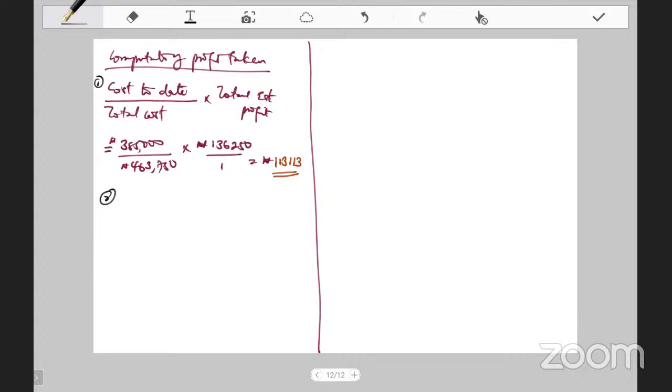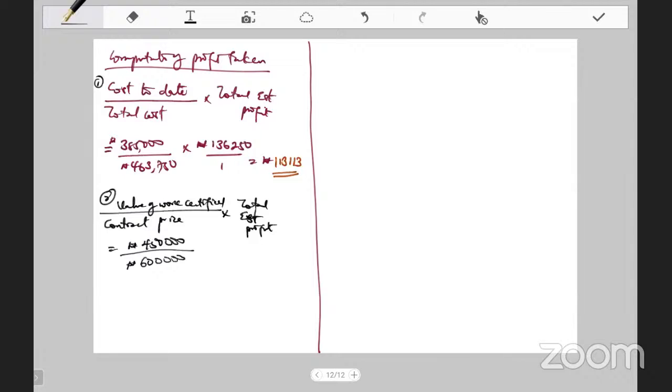For the second, we are using the value of work certified. So look at value of work certified divided by contract price times total estimated profit. Our value of work certified is 450,000 and our contract price is 600,000 times 136,250.